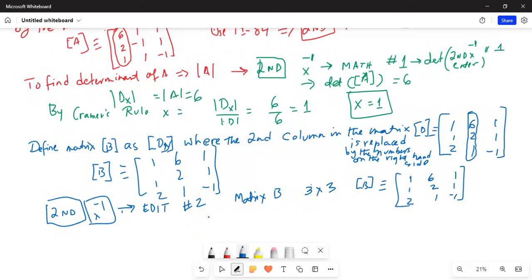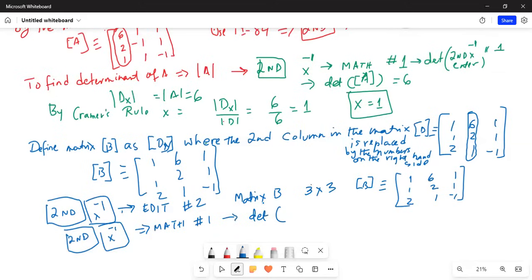Now we want to find the determinant of B. So we will press second, x minus 1, then we go to math, and then to determinant, which is number 1. And inside the parenthesis, so we get determinant with left parenthesis.